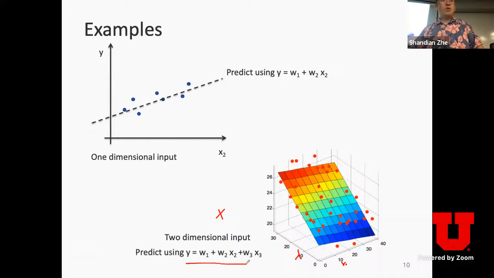Then our linear regressor is expressing a plane, and you can imagine you try to move this plane to be as close to those red dots, the training points, as possible. That's the idea. Of course, you can extend it to a higher dimensional space. Imagine in a higher dimensional space, you have a bunch of data points, which are your training set. Then your linear regressor determines a hyperplane and we want to move this hyperplane to be close to those training points. And how do you move that? That's the thing we're going to discuss in the next step, which we call training.